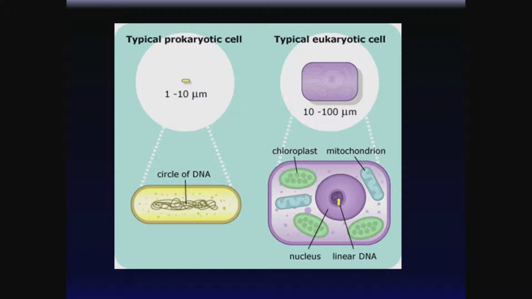It's like one big long strand. It's not hooked up at the two ends, making a big circle. So prokaryotic cells have circular DNA, and eukaryotic cells have linear long DNA, which is enclosed within the nucleus of the cell. And in this picture, other organelles are also depicted. So these pictures highlight some of the critical differences between these two types of cells.